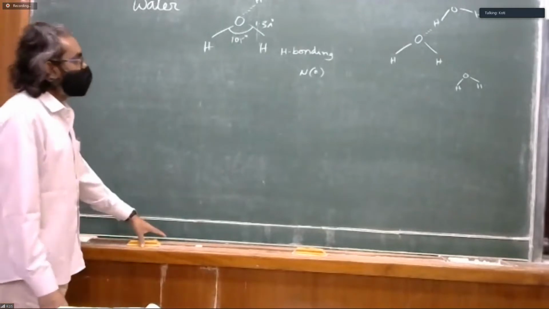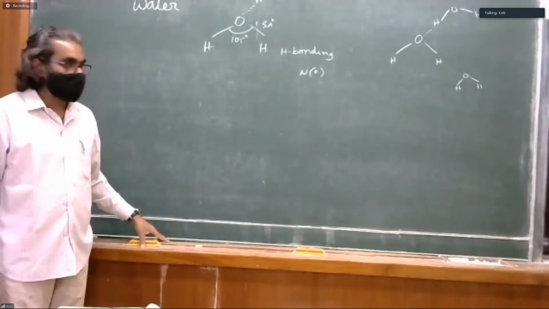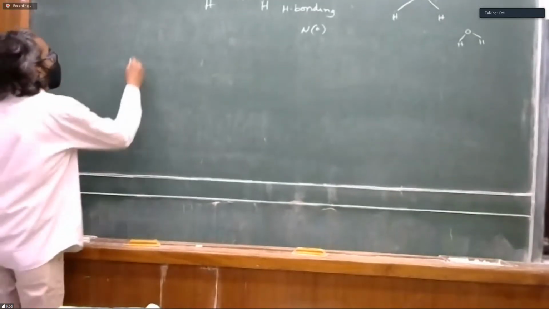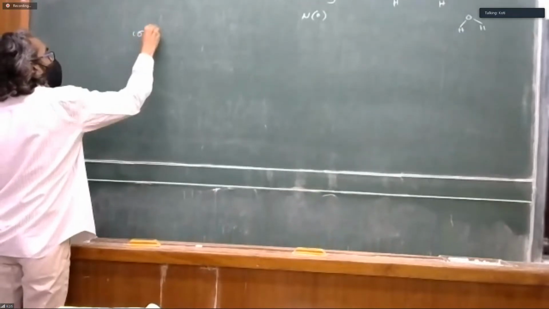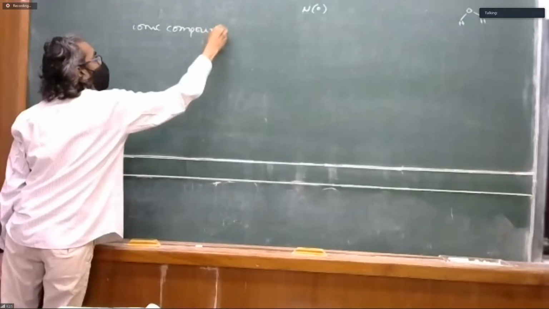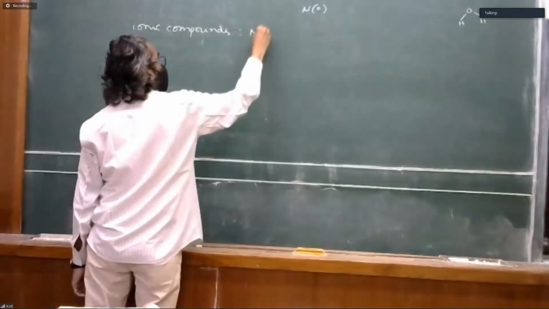If you take any compound and try to dissolve it in water, you can classify compounds into different types. Let's say ionic compounds, for example sodium chloride.